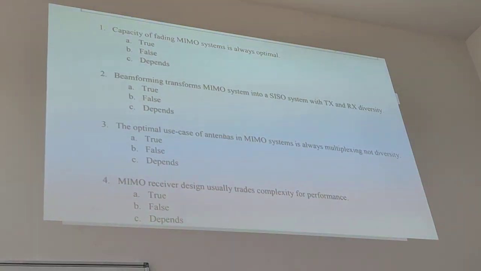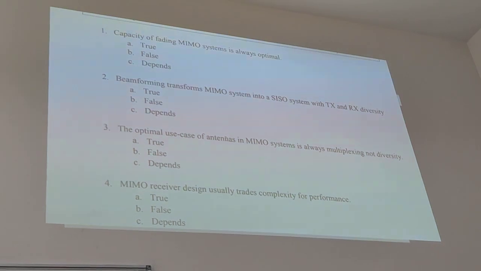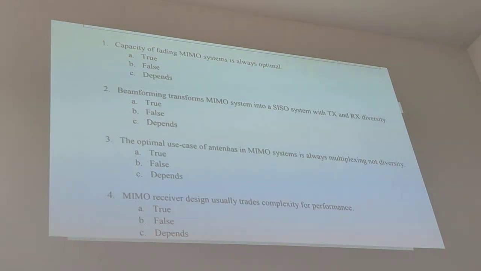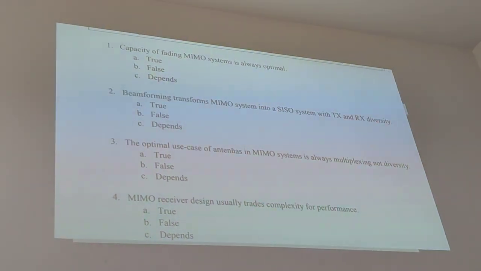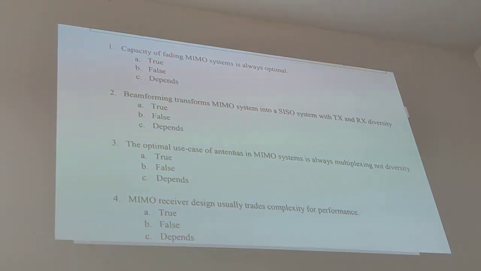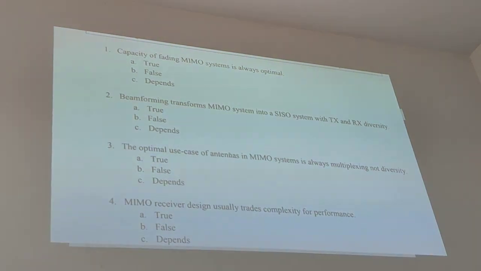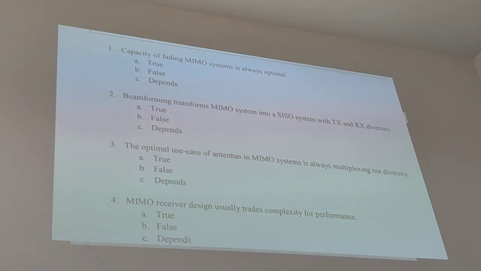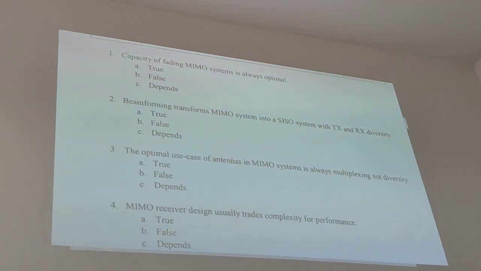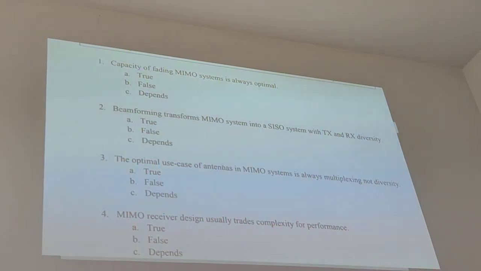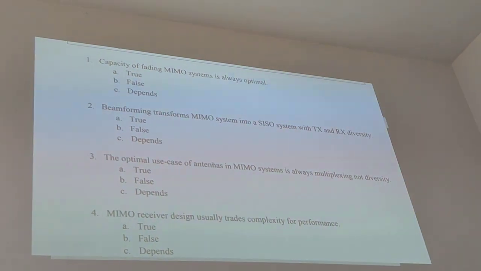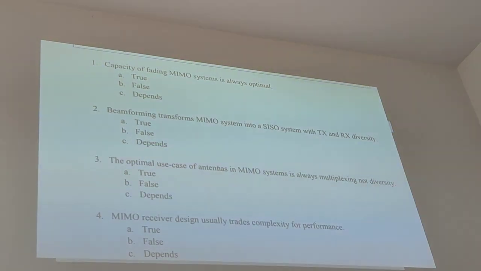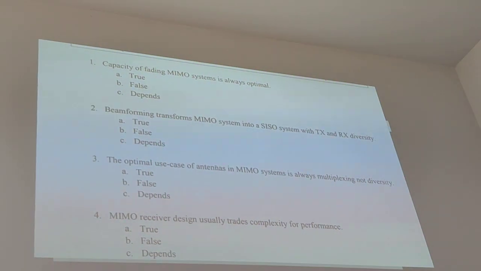The correct answer is true. This is SVD beamforming, which is different from classical beamforming, where you use multiple antennas to transmit the same signal, and you align their phases so that you decrease the beam width and increase the range, concentrating the signal at the user side and increasing the signal to noise ratio. But this is a different kind of beamforming. We call it SVD beamforming.